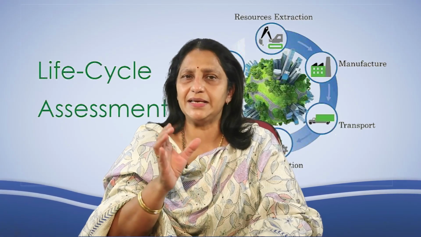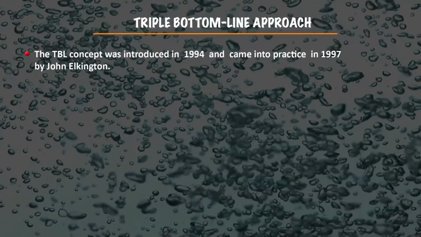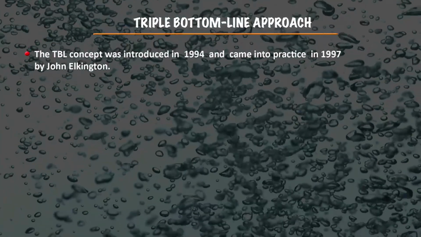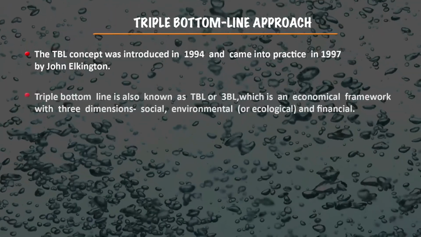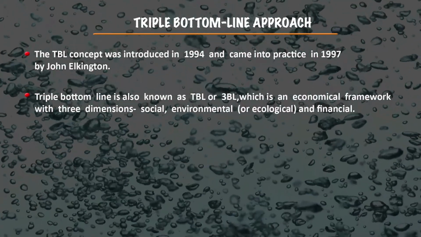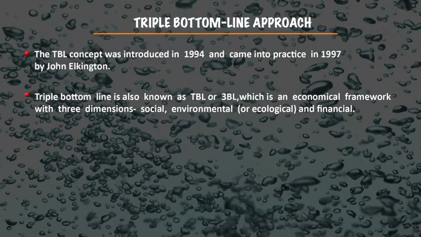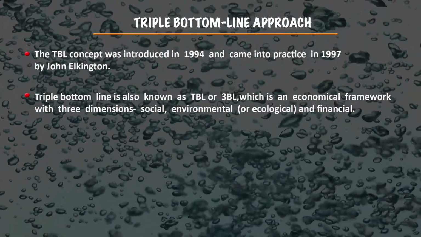If we consider one of the important factors of this LCA, it is the triple bottom line approach. This concept was introduced in 1994 and came into practice in 1997. It is also known as the TBL approach or 3BL approach. That means it is an economic framework with 3 dimensions, that is social, environmental or ecological, and also financial.